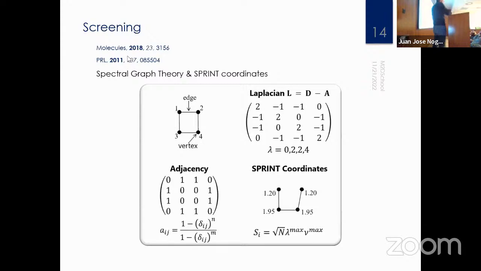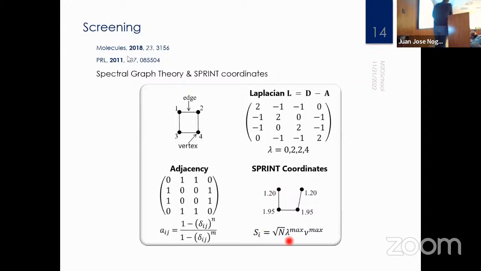For the former, the comparison of structures, we can use the eigenvalues of the adjacency matrix. We calculate the eigenvalues, and these are invariant with respect to permutations of like atoms, which is very interesting when running dynamics simulations. Or we use SPRINT coordinates, published in PRL 2011.